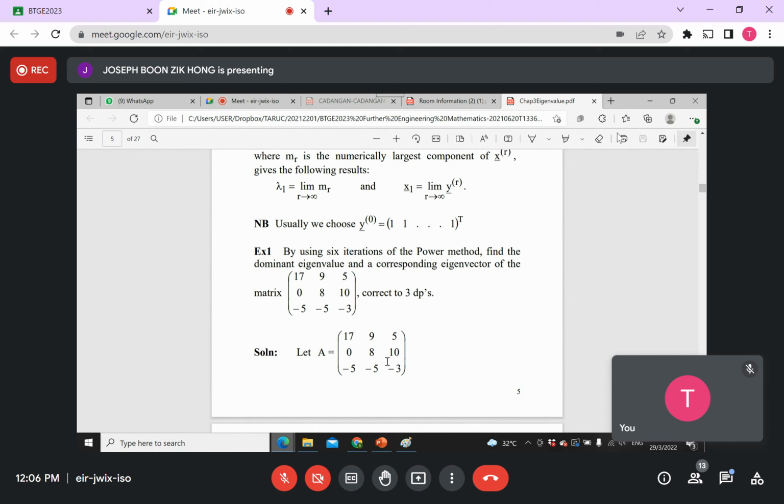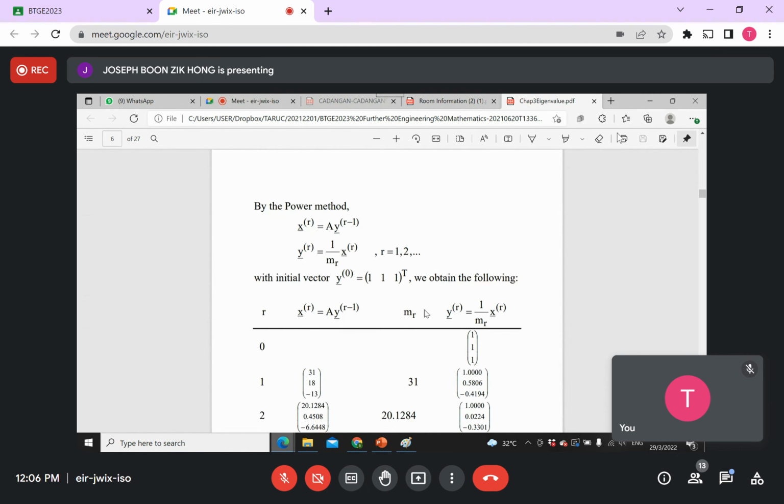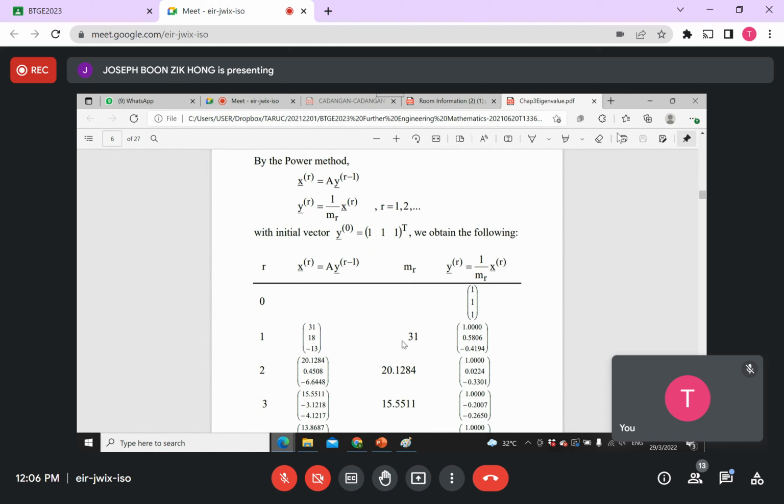If the matrix is 3 by 3, use 1, 1, 1; if 4 by 4, use 1, 1, 1, 1, depending on the dimension of the matrix. So the initial vector is 1, 1, 1. We put it in and multiply by our A, and that gives the new x1.